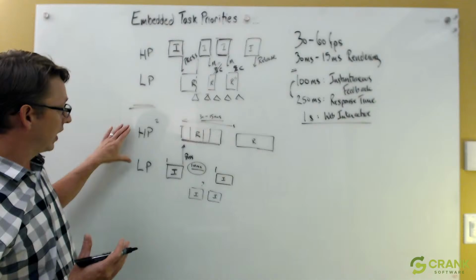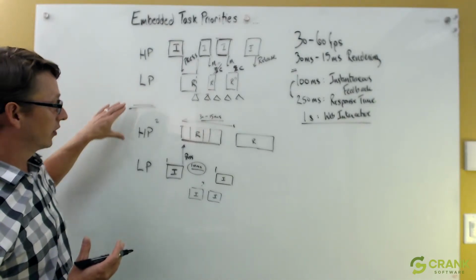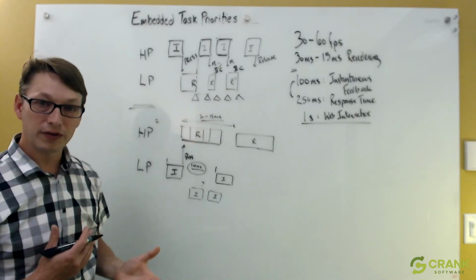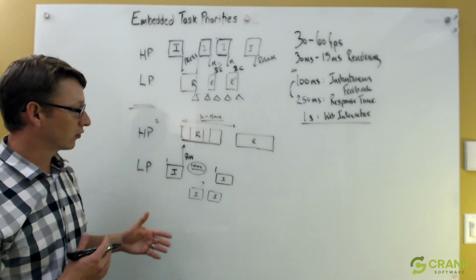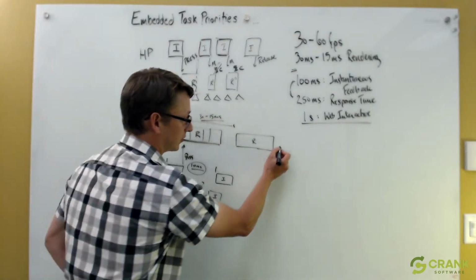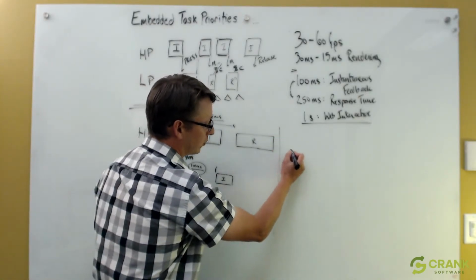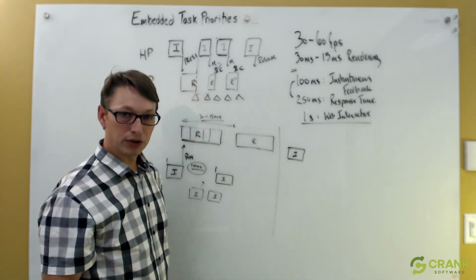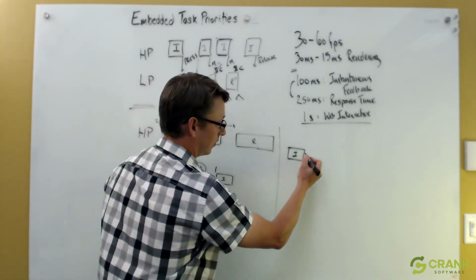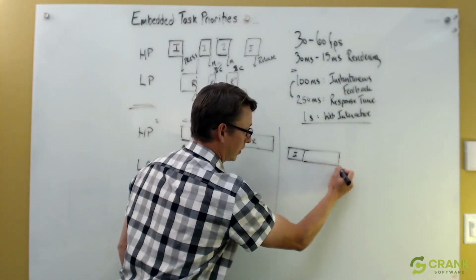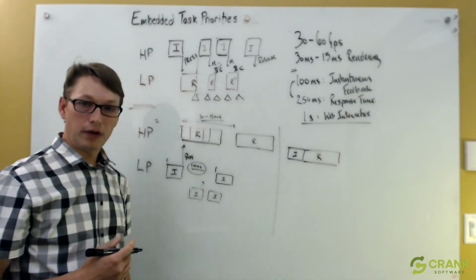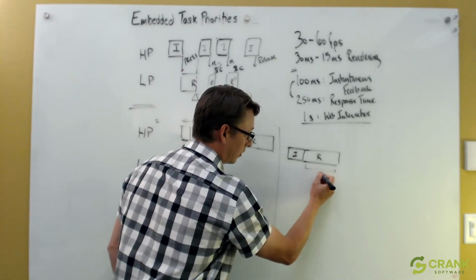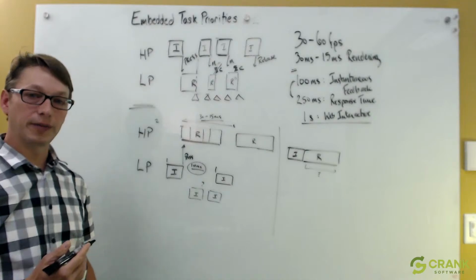Now, one of the scenarios we haven't talked about is we talked about using the task priorities in terms of segmenting. What would happen if we had a round-robin system, right? If we put this into a round-robin system, and maybe I can just grab some space over here, we would have something that would perhaps look a little bit like my input task gathers, my render task is executing, I'm capped here at some time frame, right?